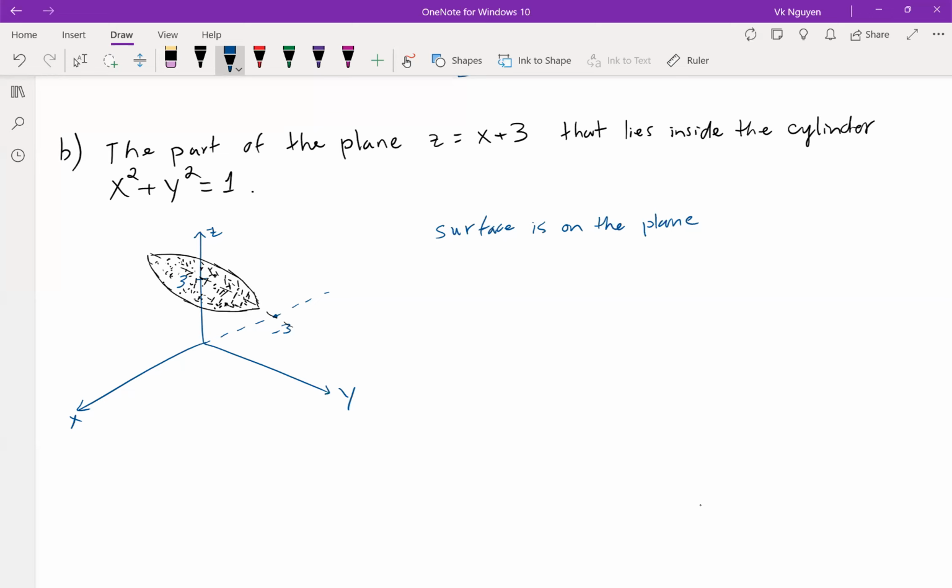So we can parameterize it using x, y. So x equals x, y equals y, and then z is equal to a function of x and y, f of x, y, which is x plus 3.